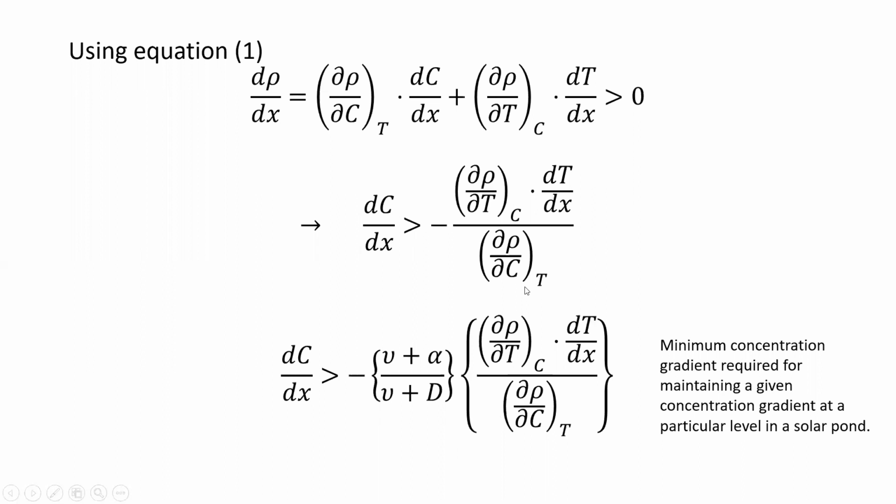So the minimum concentration gradient required for maintaining a given concentration gradient at a particular level in a solar pond can be accurately set by considering this small perturbation constant, v plus alpha divided by v plus d.